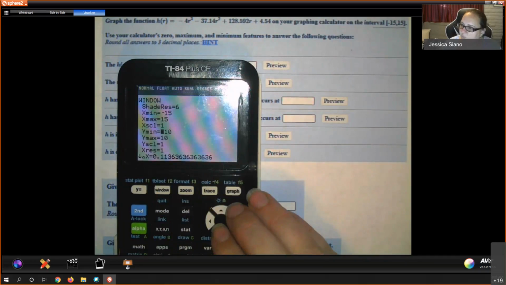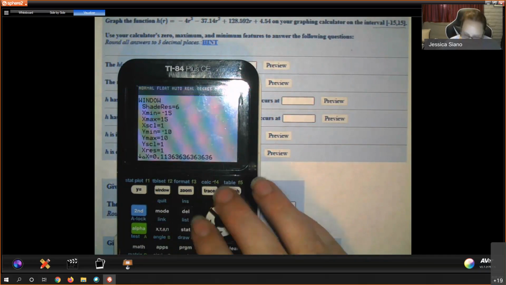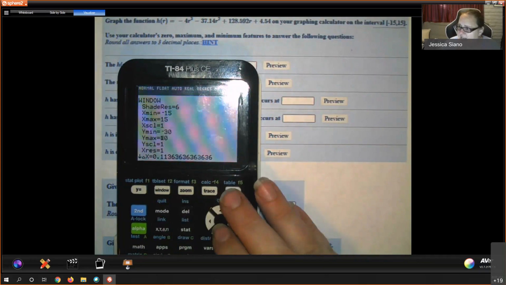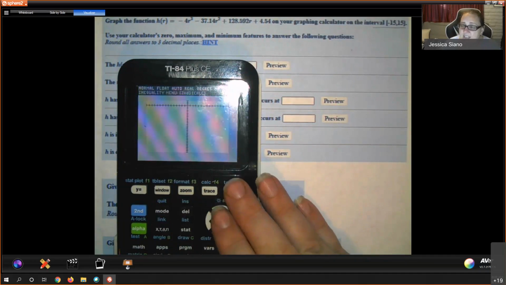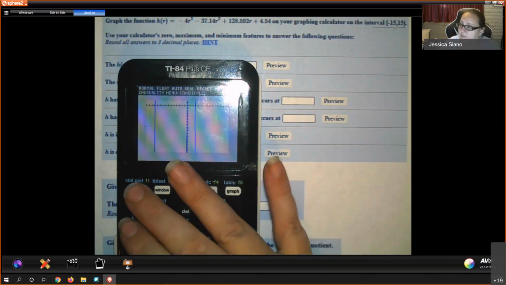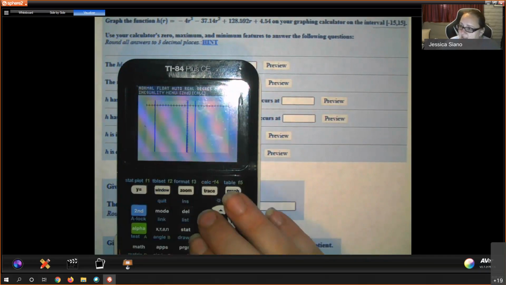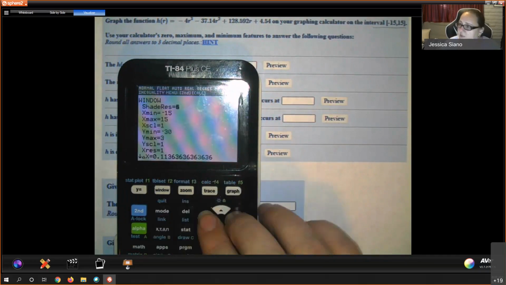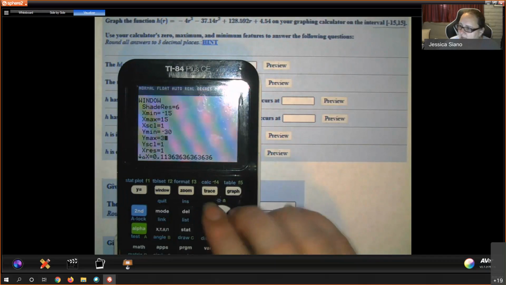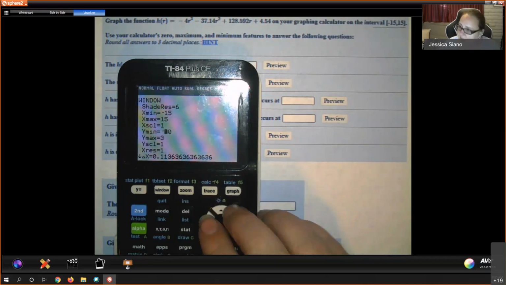So let's make this y scale -30 and +30 and see if that helps. And honestly, there is no, oh, I made it 3. There is no rhyme or reason to why I pick the numbers that I do. I'm just trying to make it so that we actually see what's going on in this graph. So that wasn't enough. So let's make it -100 and +100.